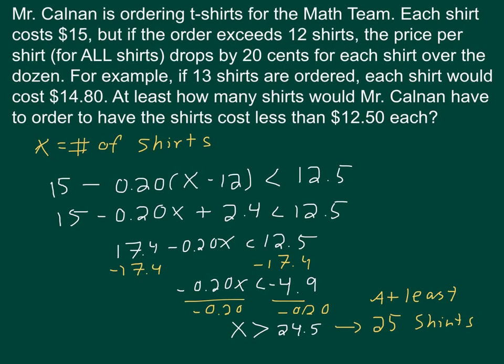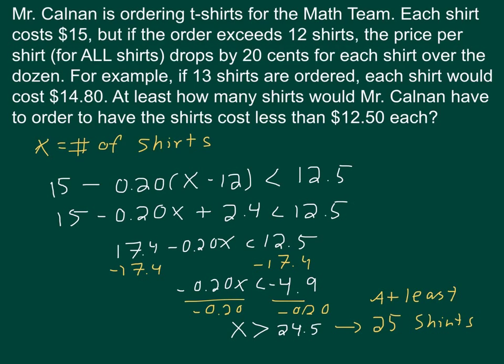That's a $2.60 discount. $2.60 off of $15 would bring the price to $12.40, which is certainly less than $12.50. I think it's pretty clear that if we had one less shirt, and therefore one less 20-cent discount, the shirts would cost $12.60 each, and therefore would be too expensive for this problem.